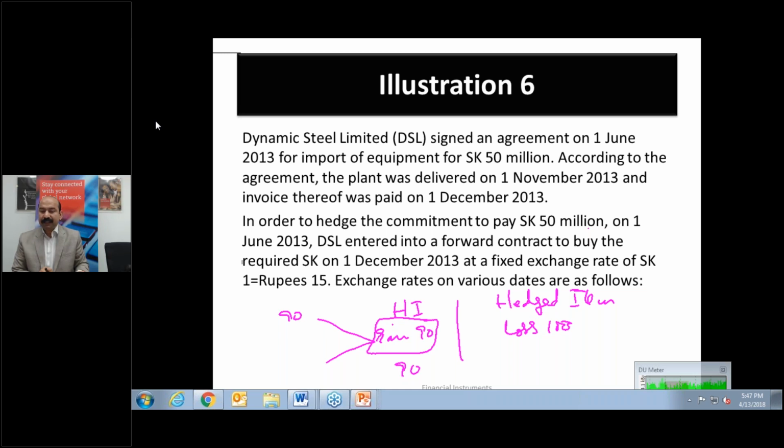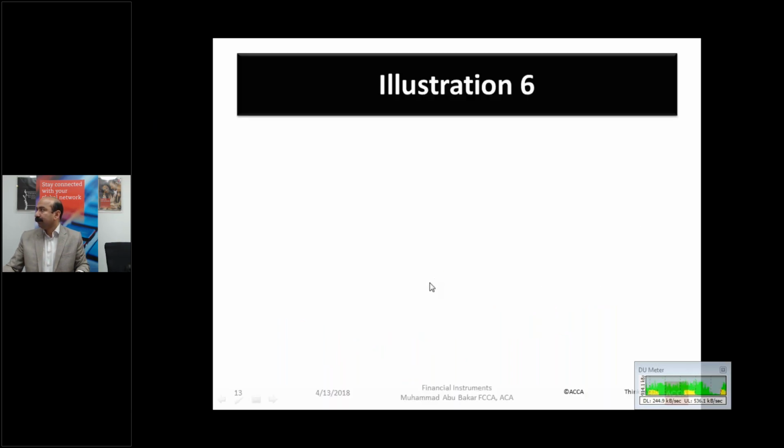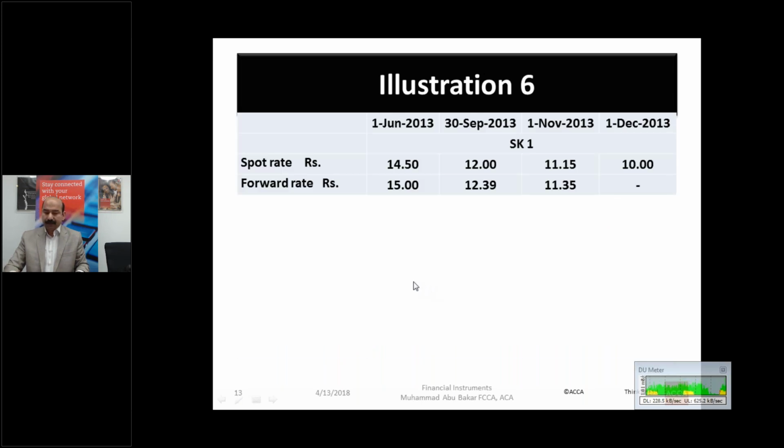Exchange rates on various dates are as follows. On 1st June 2013, when we entered into the forward contract, the spot rate was 14.5 rupees against 1 SK, and the forward rate which we used was 15 rupees per SK.